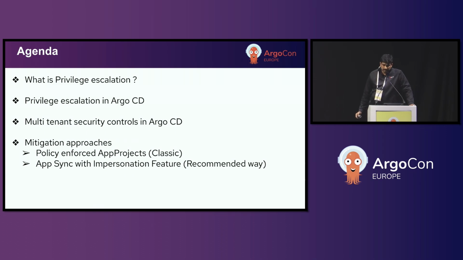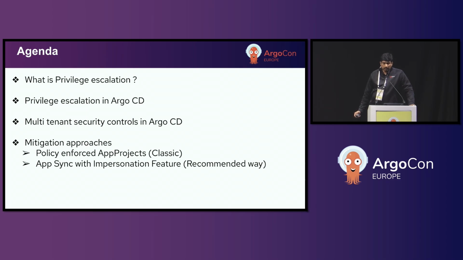The first one is using Kyverno policies to mitigate the privilege escalation issues that arise out of misconfigurations in app projects. So this is a classic feature. You can try it even on the latest or the older versions of Argo CD.